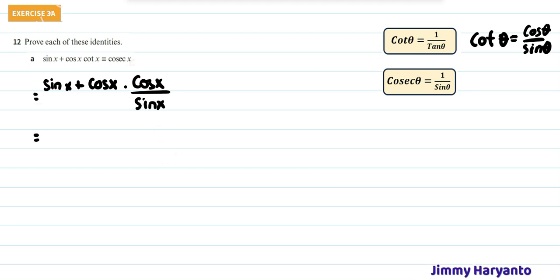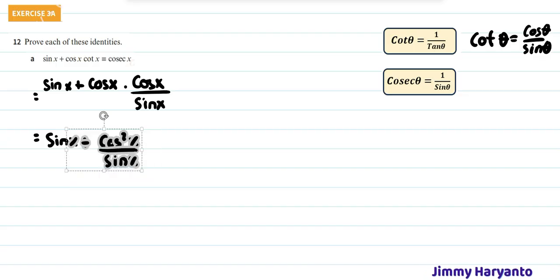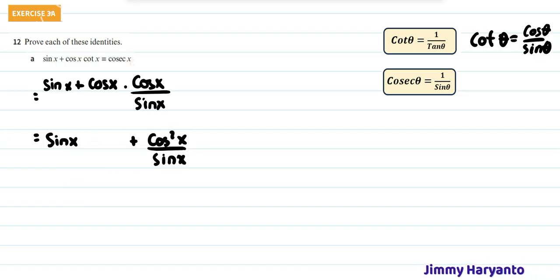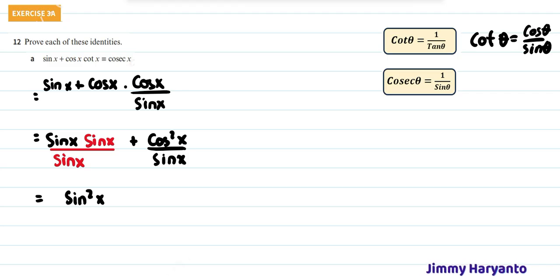So sine x plus cos square x over sine x, and then make the denominator equal. I will move this, and then I will give sine x for this one. It means at the top I have to give sine x also, and the result is sine square x plus cos square x.